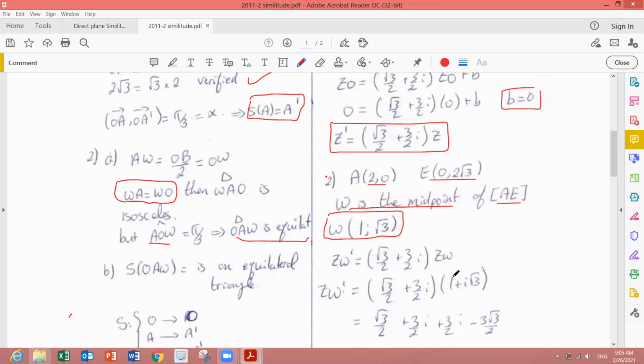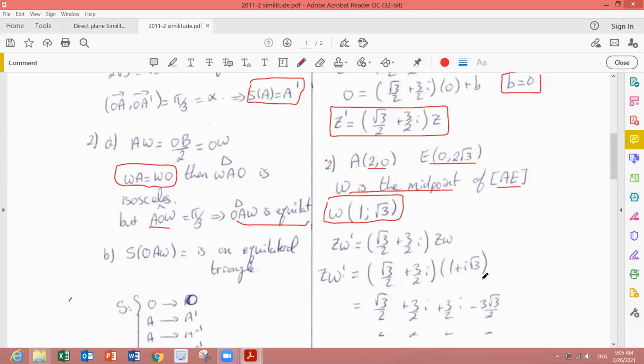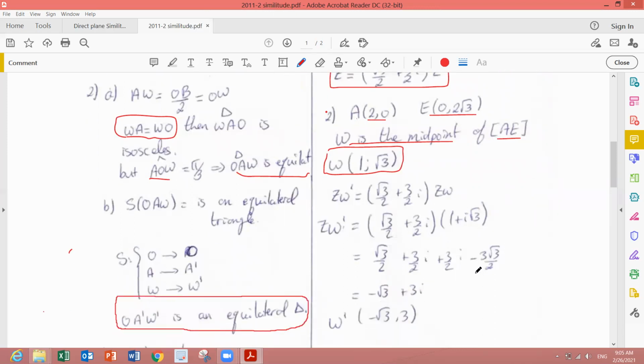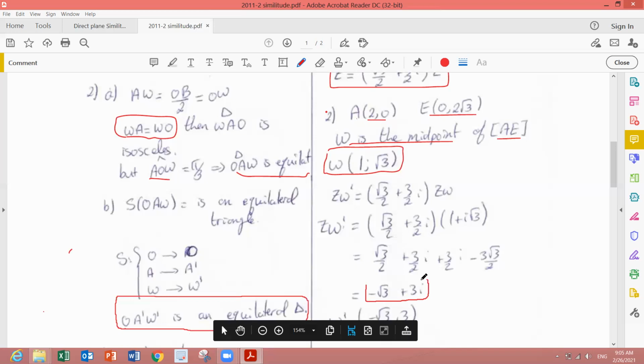We replace ZW with 1 plus i radical 3 and expand: radical 3 over 2 plus 3 over 2 i plus 3 over 2 i minus 3 radical 3 over 2. We get minus radical 3 plus 3i.